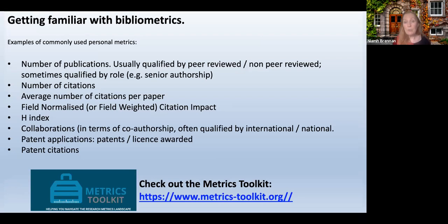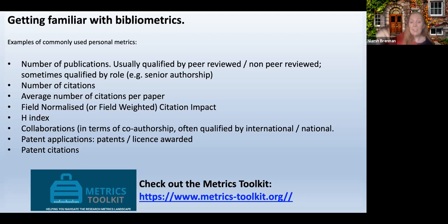Are you the senior author, or where are you in the authorship? The number of citations, the average number of citations per paper, the field normalized or field weighted citation impact, the H-index, collaborations in terms of co-authorship, and that is often broken down into international collaborations and national collaborations. You can also go into patents or patent applications and licenses and patent citations.